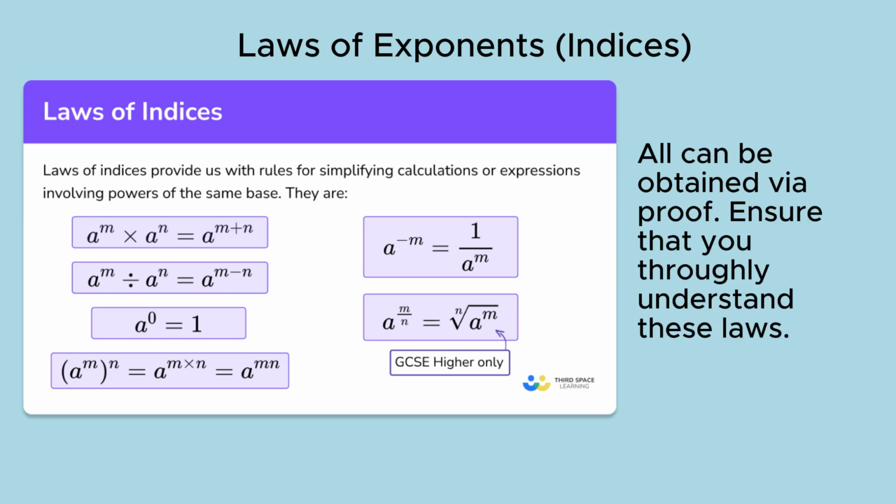A cube divided by a squared will result in a, and this is how you understand the laws of exponents or indices, which will be used to prove the laws of logarithms later on.